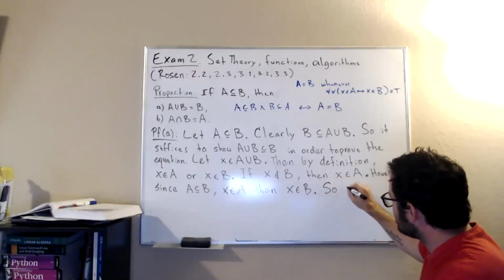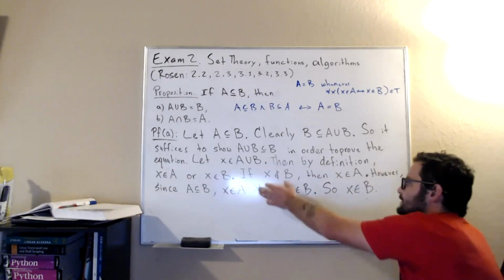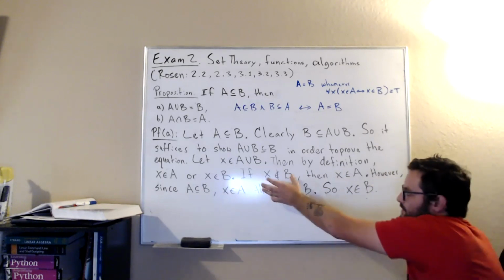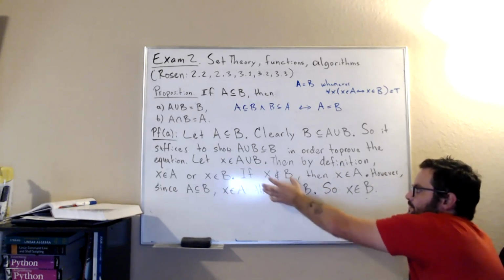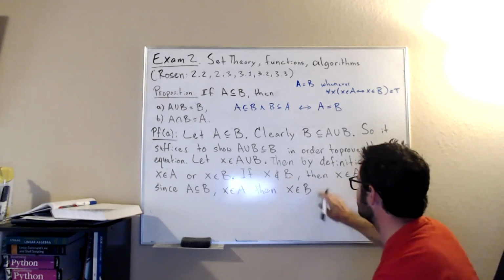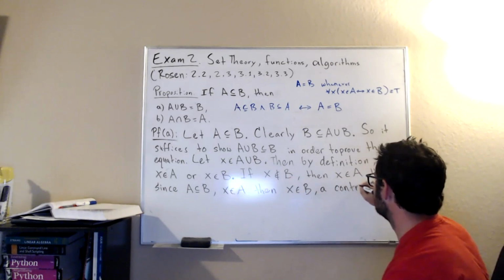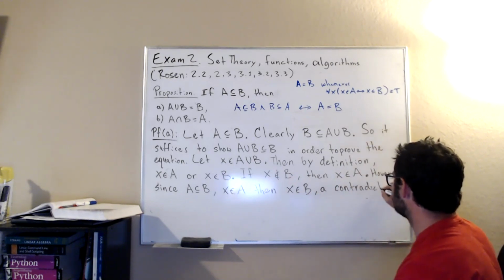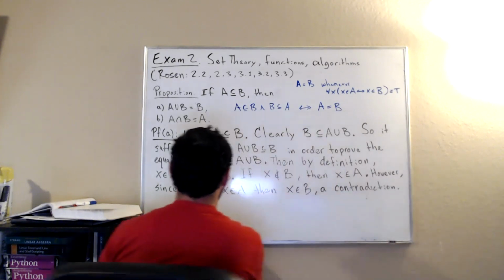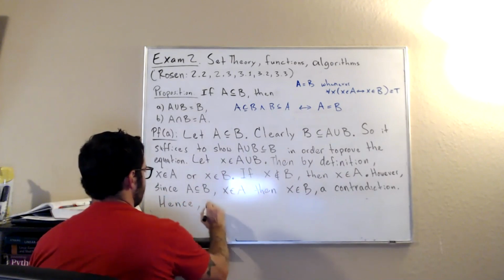So X must be in B. If it weren't, then we get that it also must be. So how can it be? How can those both hold? So that's a contradiction. Hence, X is in B.